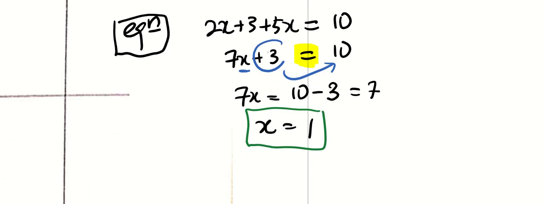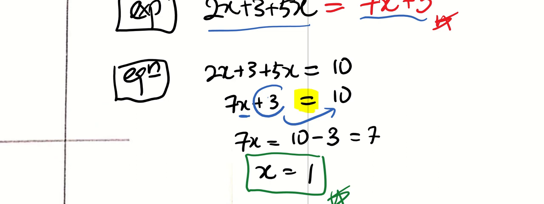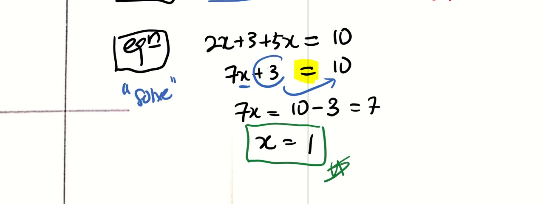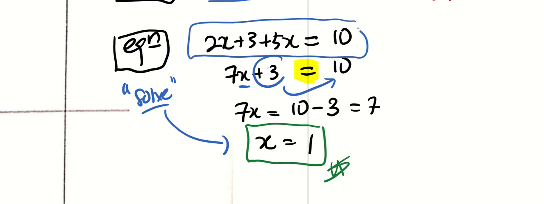So the prompt word that you will see is solve. When you see the word solve, it means that you're expected to get some value for x at the end of the day from the original equation given in the question. So that's the difference between expression and equation.